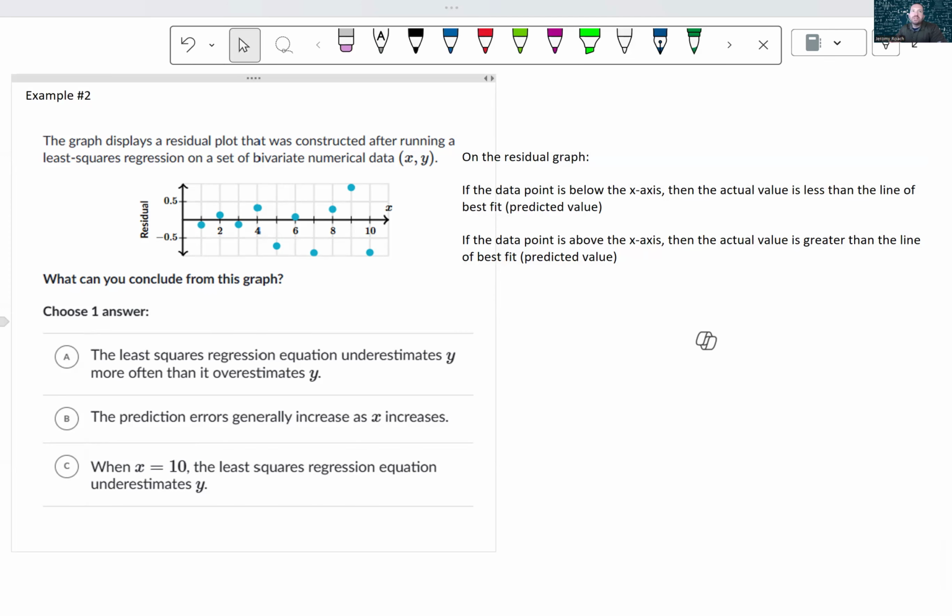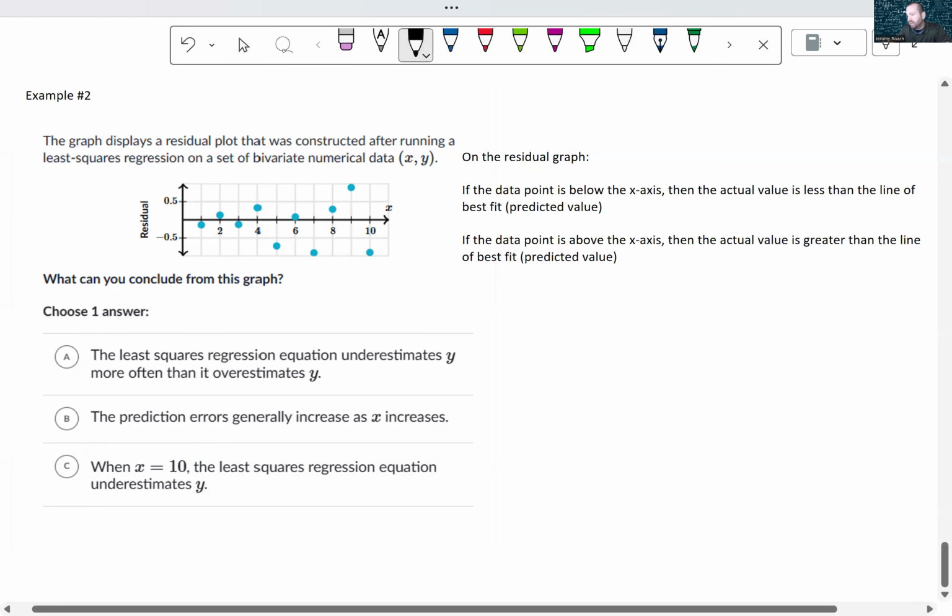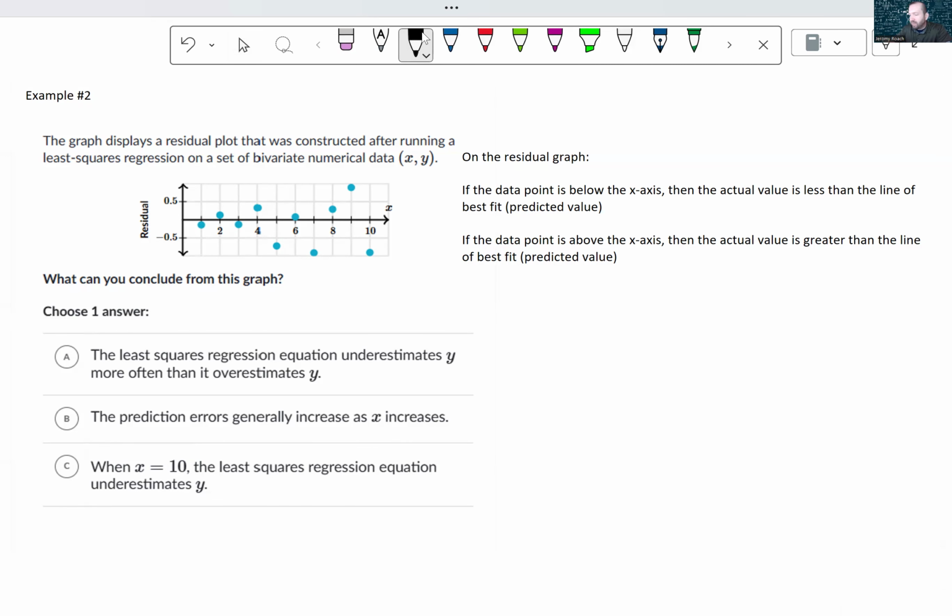It says the least squares regression equation underestimates y more often than it overestimates y. So if we look at our residuals, it looks like they're about balanced in terms of under or overestimating.